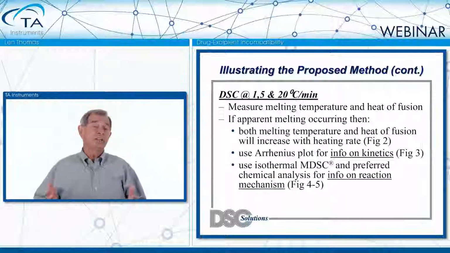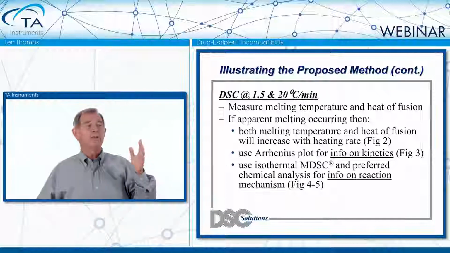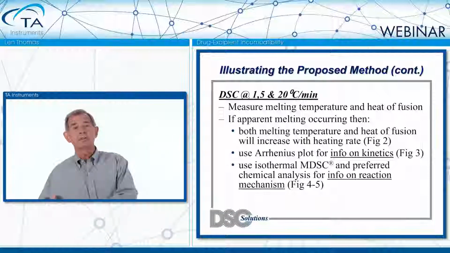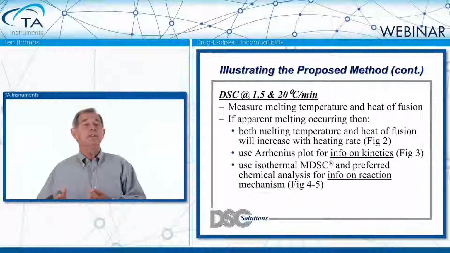After we have done the TGA work, then we go to DSC at multiple heating rates. And the purpose of the multiple heating rates is to determine whether we're looking at real melting of these materials or apparent melting. If it's apparent melting, then there's a couple of issues, and they're listed here.